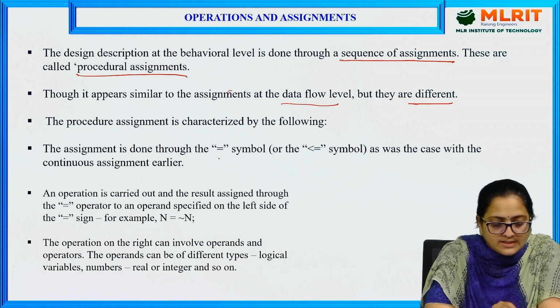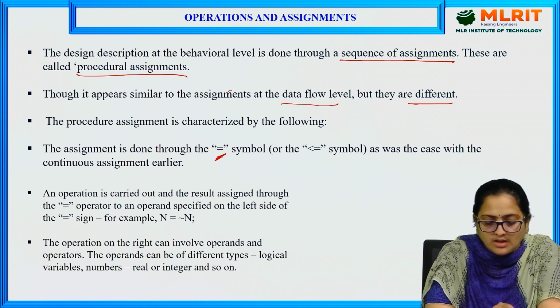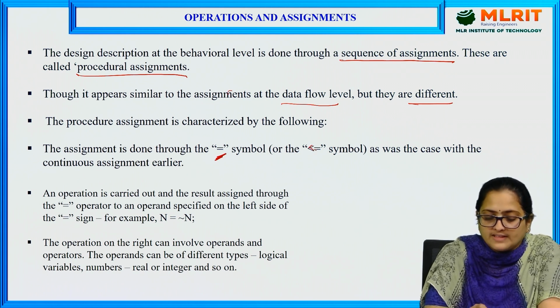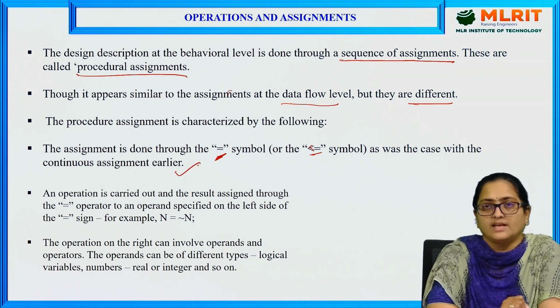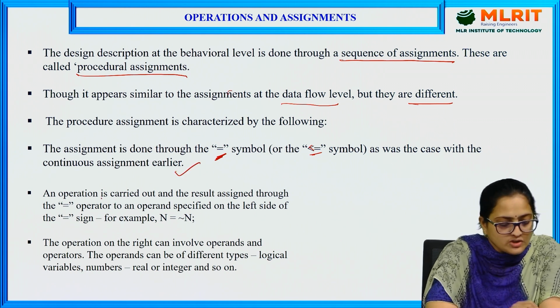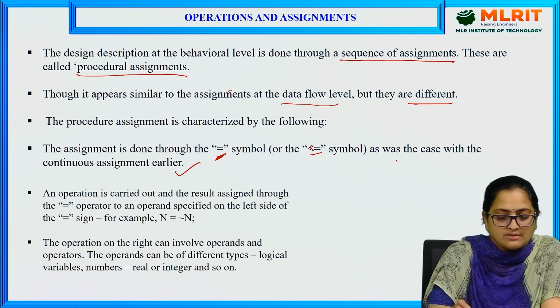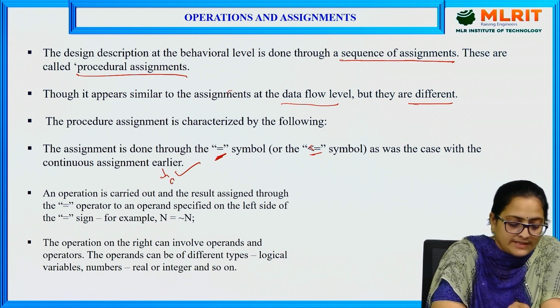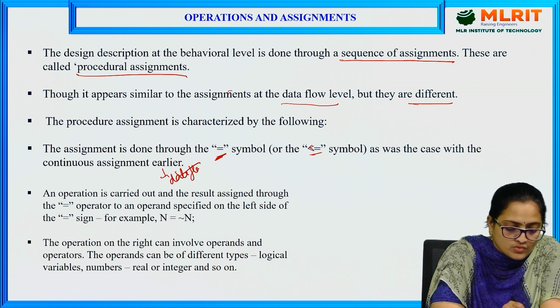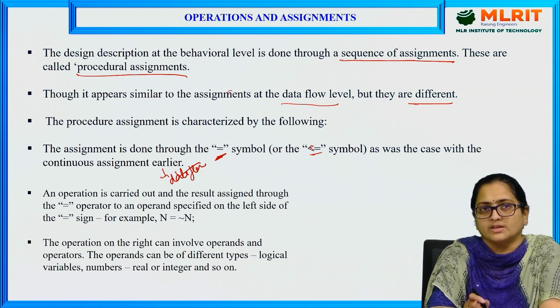The assignment is done with the equals to symbol or less than or equals to symbol, as was the case with the continuous assignment earlier. That is, in data flow, we used this kind of assignments.